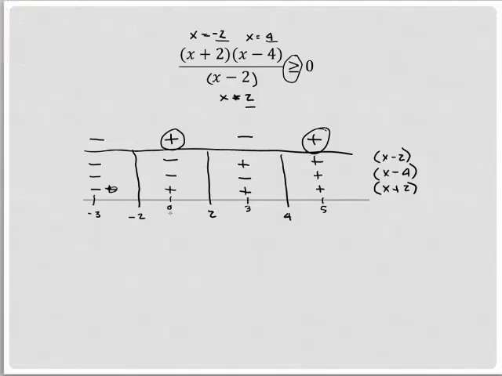So let's describe it. This one should be pretty simple, right? And we go this way. So x is greater than or equal to 4. Now this one is our other plus column.